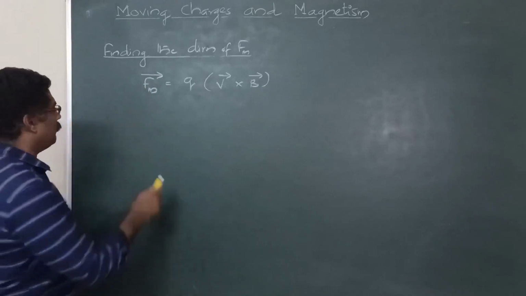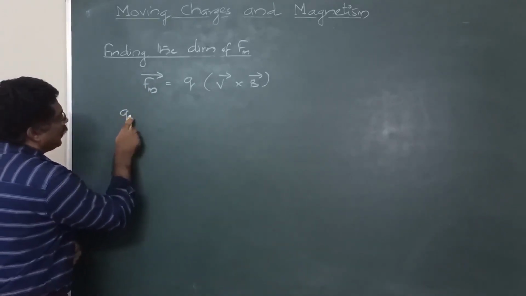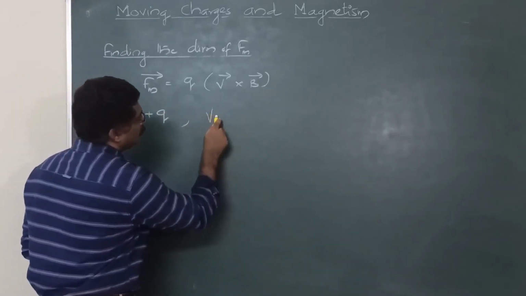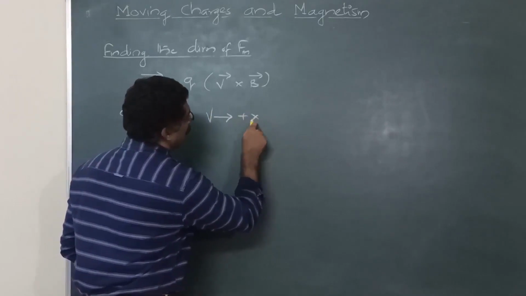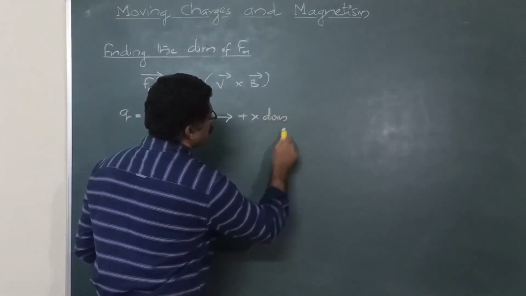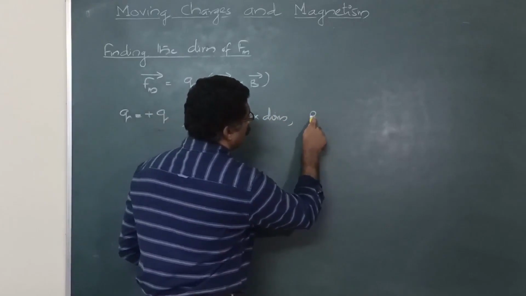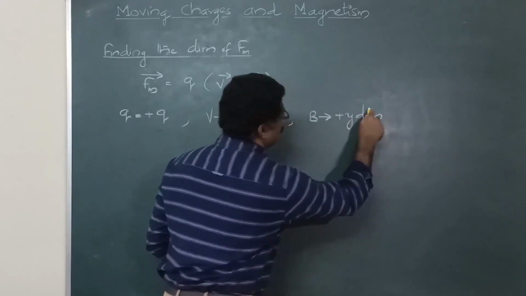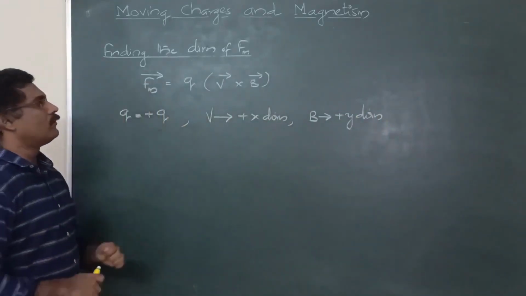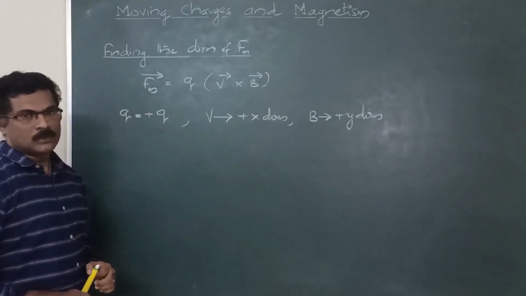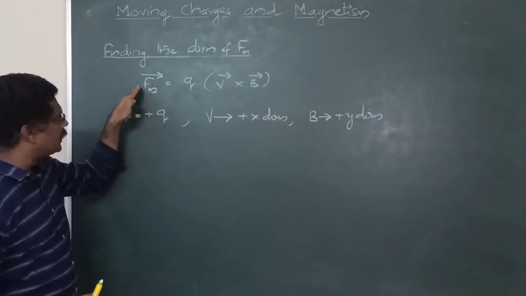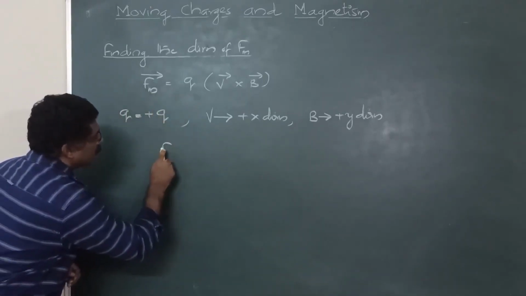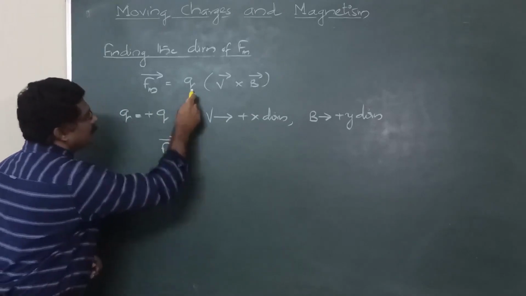For example, you are given a positively charged particle moving along the positive x direction into a region where the magnetic field is acting along the positive y direction. Then what is the direction of the magnetic Lorentz force? We can find the direction by using this equation. Fm is equal to, what is Q here?